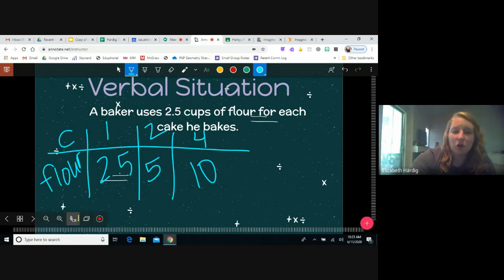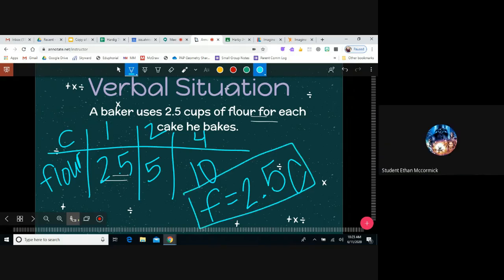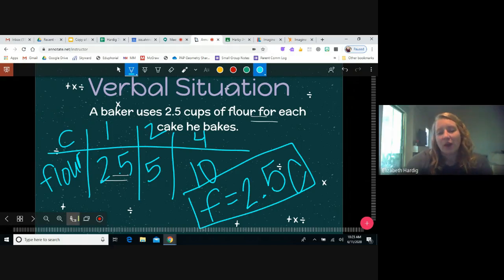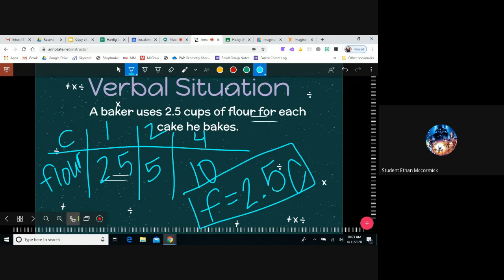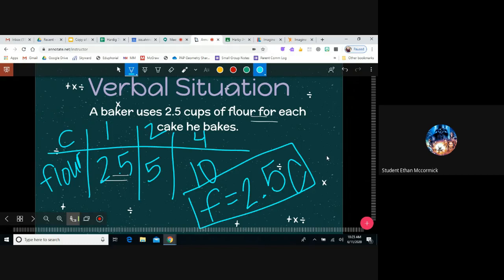So to find the total amount of flour you need, you would take the number of cakes and multiply it by 2.5. Do you see how I got this rule right here? And is this multiplicative or additive? Additive. Are we adding or subtracting anything? Oh no, we're adding.